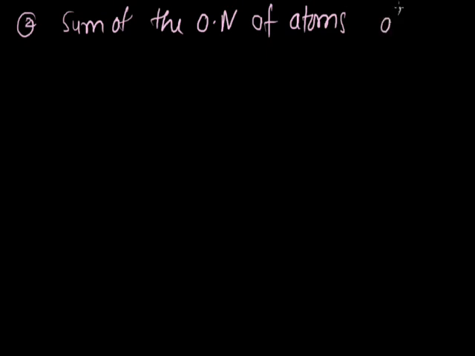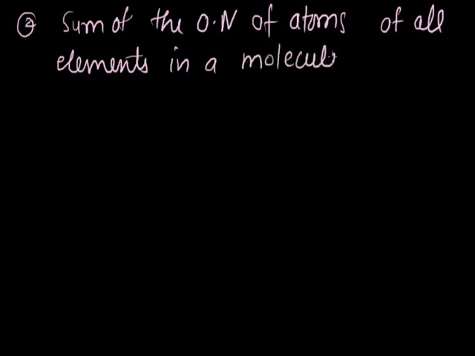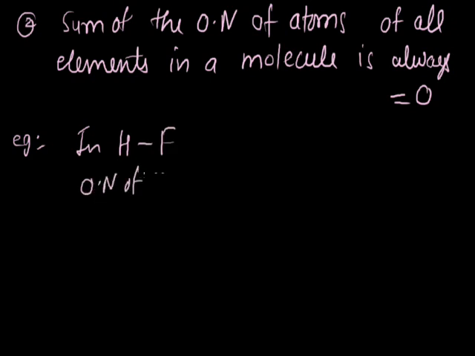Now the second rule: the sum of the oxidation numbers of atoms of all elements in a molecule is always equal to 0. For example, in HF, the oxidation number of fluorine is equal to -1, and the oxidation number of hydrogen is equal to +1, as we discussed before.